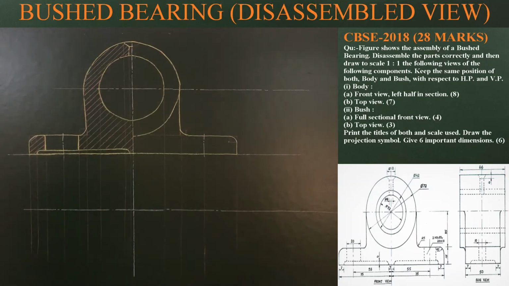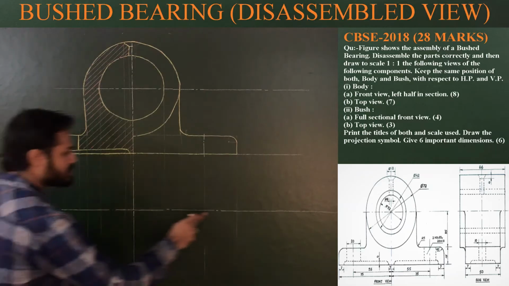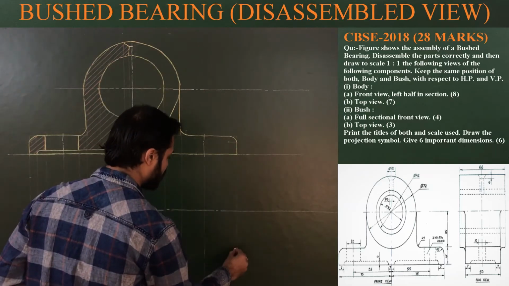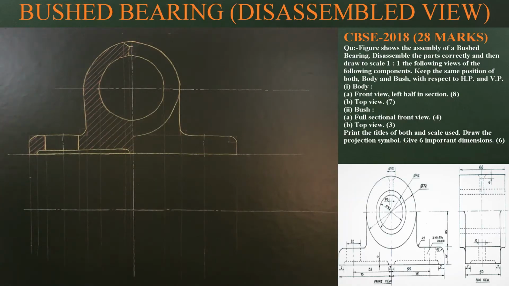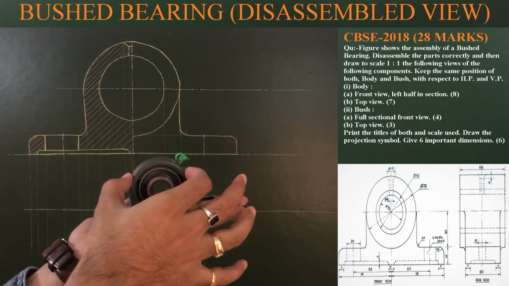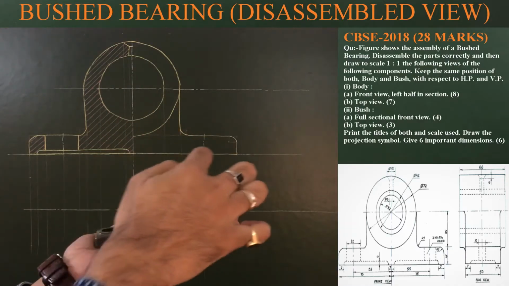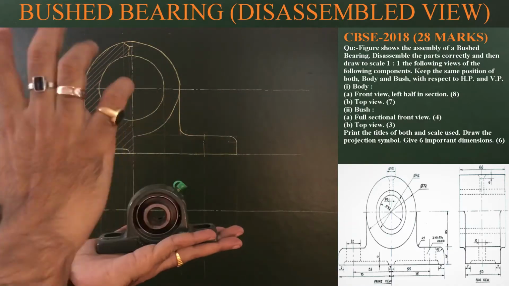Okay, so this is the center line. Now the width of the base is 50, so from this point mark half of 50, 25. Similarly, half of 50, 25.